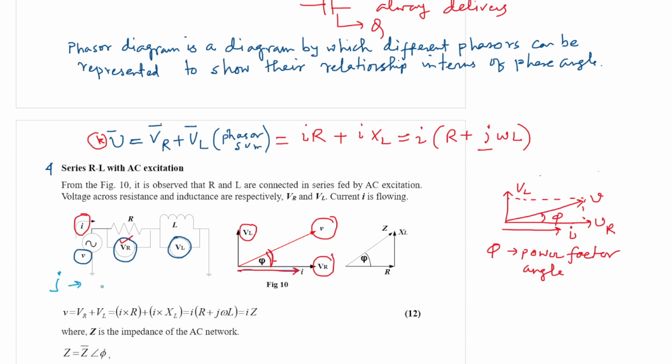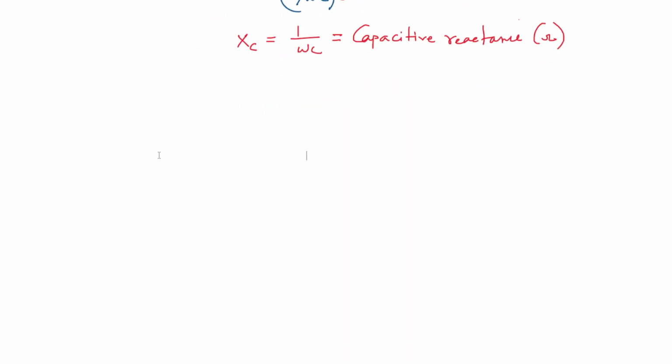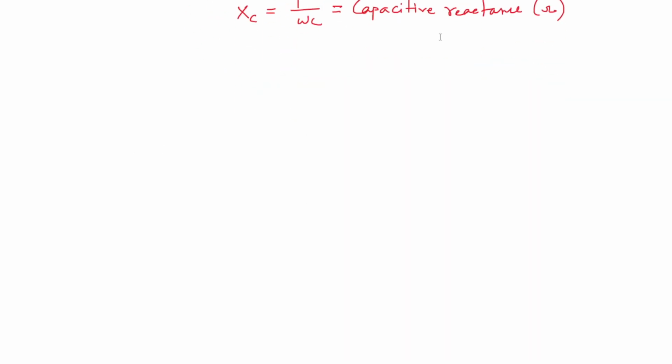If we multiply it with a phasor, suppose it is a phasor A, and we multiply it with j, it will become jA.